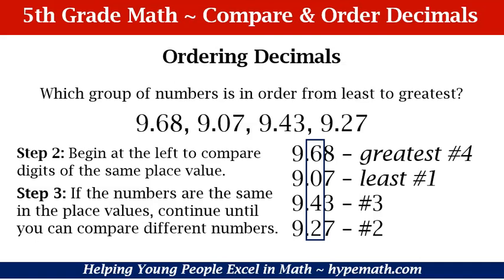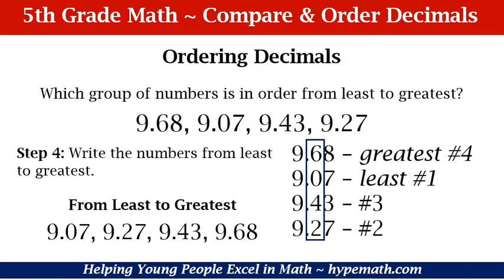That would be the first number. The number with the 2 would be the second number. The number with a 4 in it in the tenths place would be the third number. And the largest number would be the number with a 6 in the tenths place. So when we list the numbers, it will be 9.07, 9.27, 9.43, and 9.68.